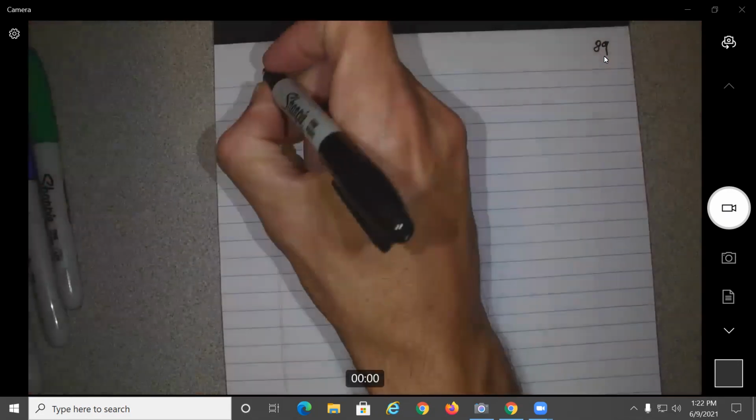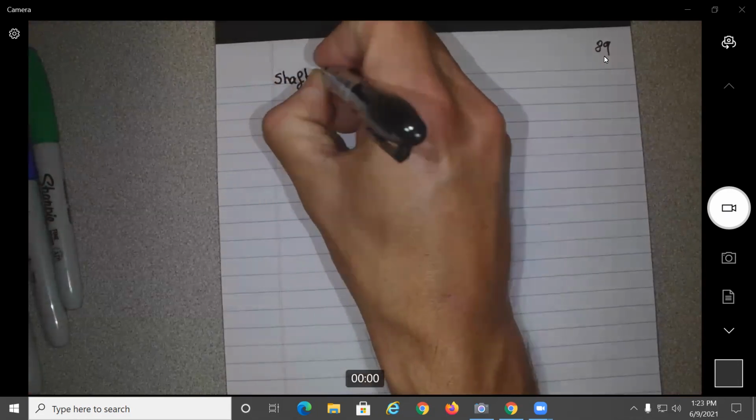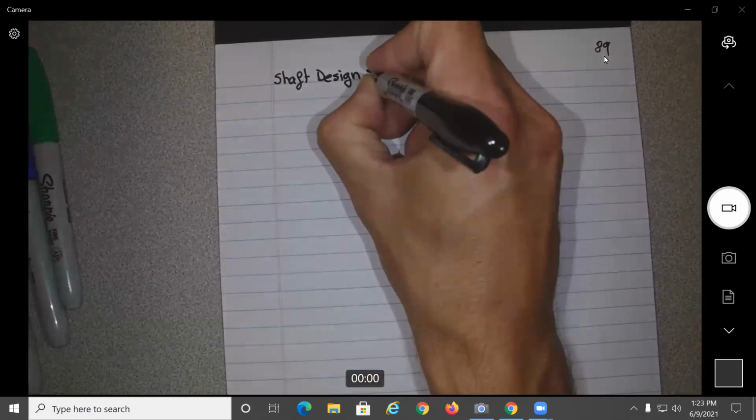So let's call this shaft design, stresses.